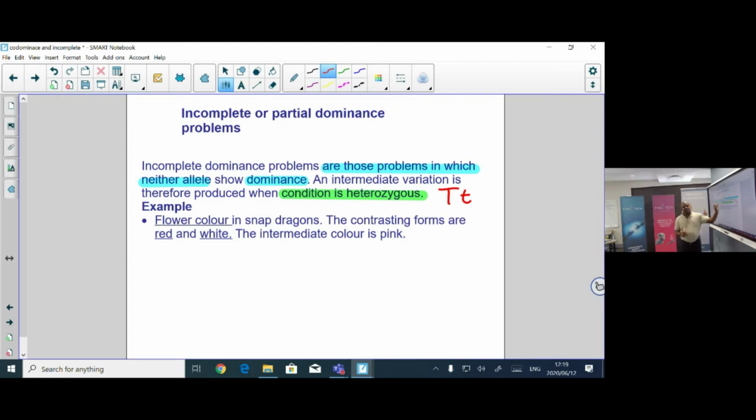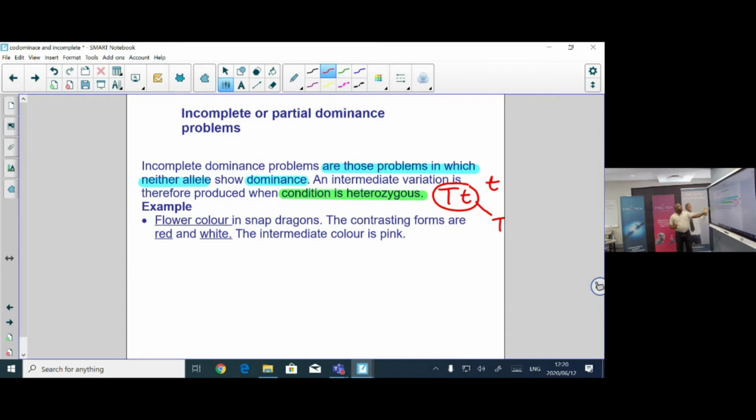If it's complete dominance, the phenotype of this would resemble T because it's dominant. But in this instance, we will not have T being dominant over t. Rather, T and small t will both express the effects of their genes on the offspring. So it will be an intermediate color that is in between.